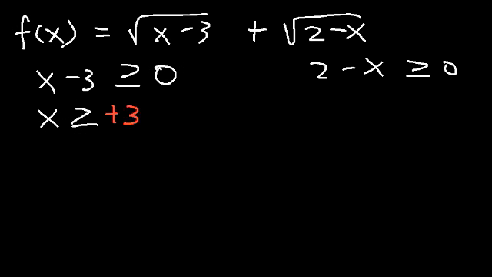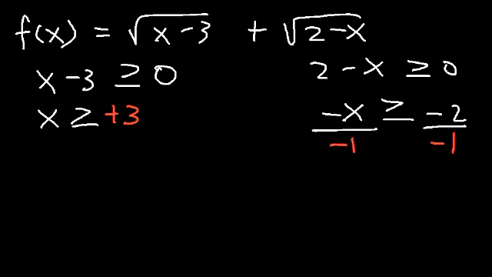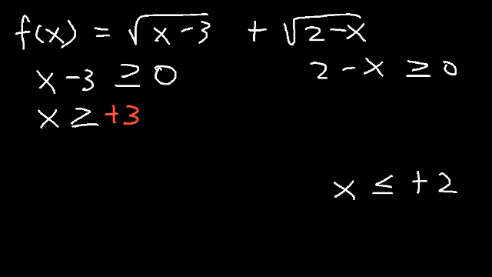But for the second one, we need to subtract both sides by 2. So negative x is equal to or greater than negative 2. And if we divide both sides by negative 1, we'll see that x is less than or equal to positive 2. Don't forget to change the direction of the inequality.